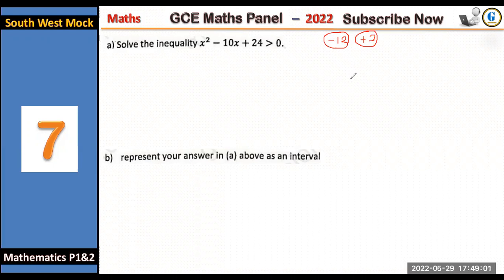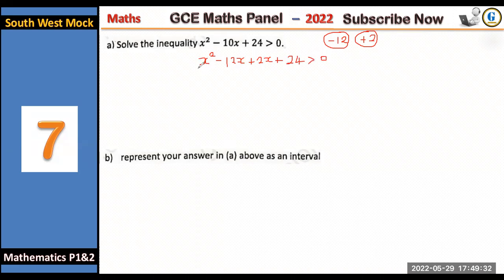So these factors are negative 12 and plus 2. And check for yourself. So you have x squared minus 12x plus 2x plus 24, greater than 0.